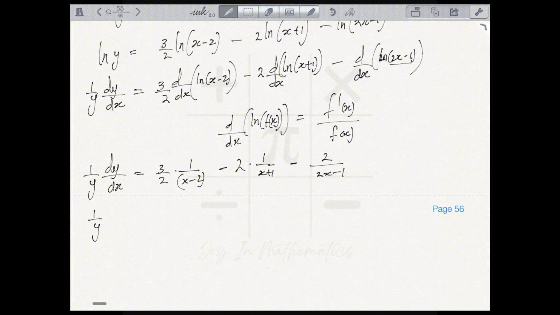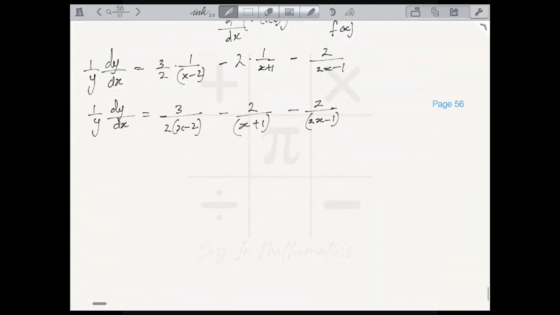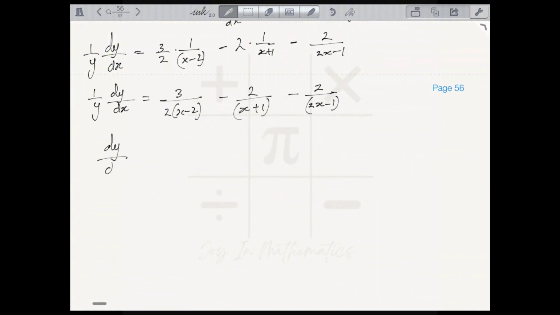So therefore our 1 over y dy dx is 3 over 2 into x minus 2 minus 2 into x plus 1 minus 2 into 2x minus 1. So let's multiply both sides by y. dy dx therefore is equal to y multiplied by 3 over 2 into x minus 2 minus 2 into x plus 1 minus 2 again divided by 2x minus 1.